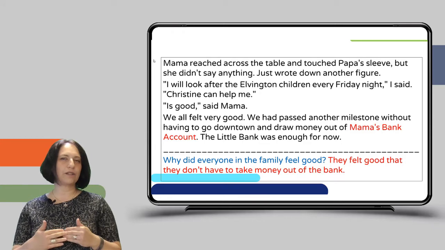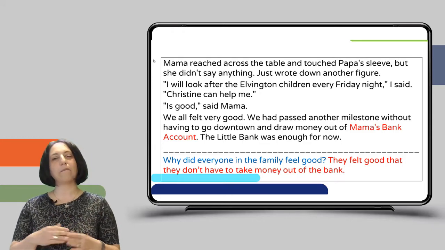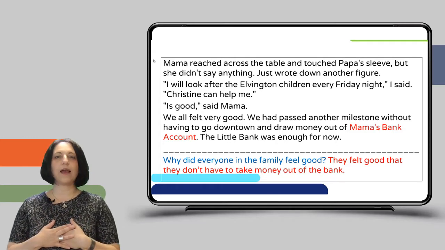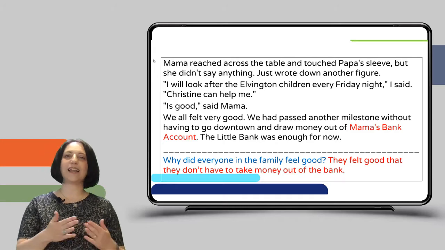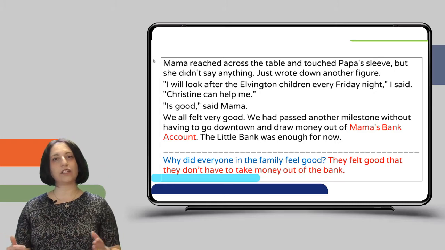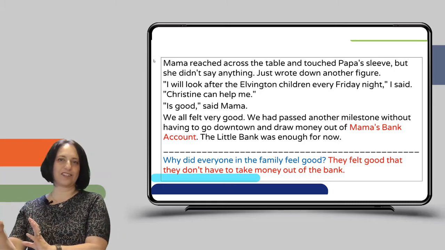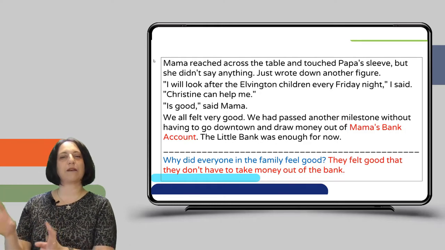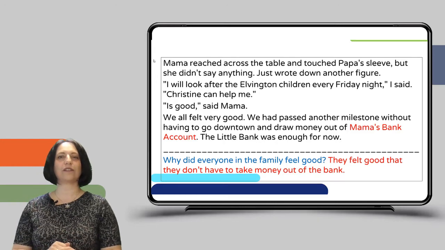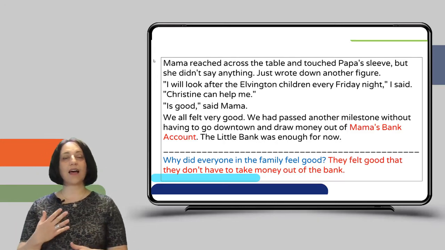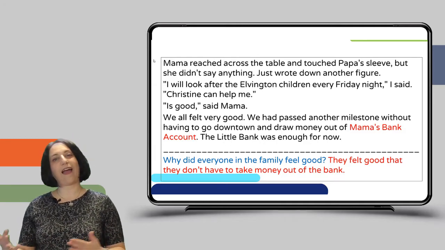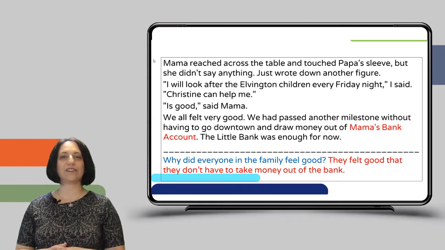And remember, we read two slides ago about Mama wanting to let her children feel secure and safe. So when the children didn't have to go to the bank, that means they have enough money and they can manage, and the bank account they don't have to touch. They can save the money in the bank account, and only if they really need it, then they will go to the bank. So this was another way that the children and the family could feel good about having enough money to do what they needed to do.